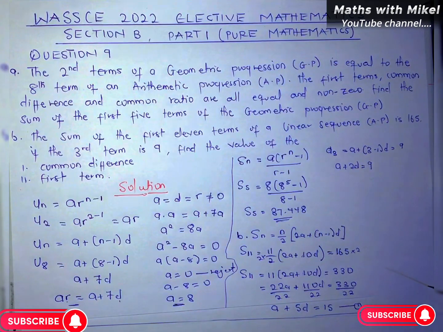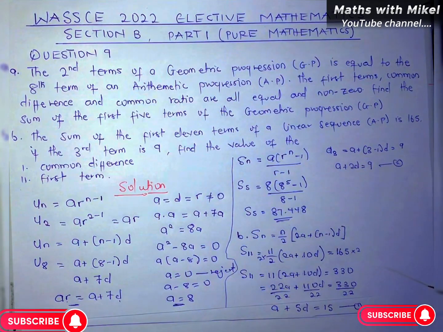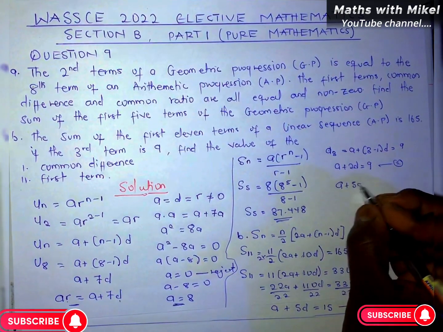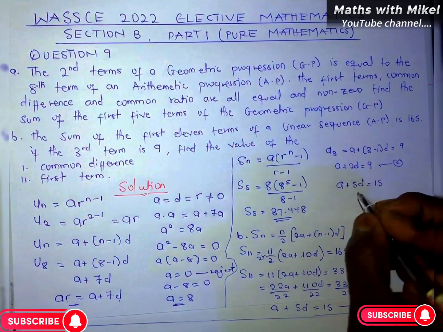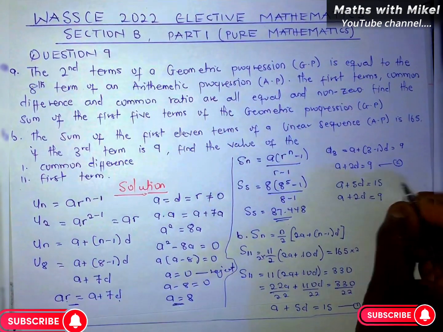So we have two equations. This is going to be equation 2. Solving equation 1 and equation 2 simultaneously, we have a plus 5d is equal to 15, and a plus 2d is also equal to 9.